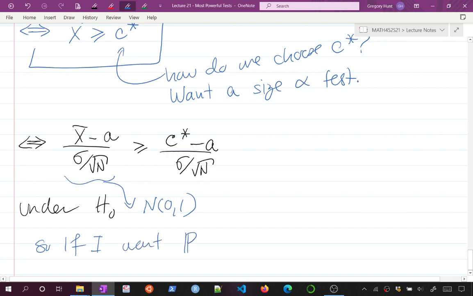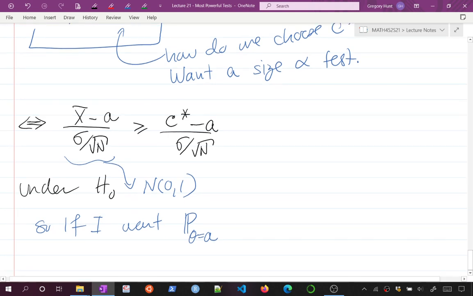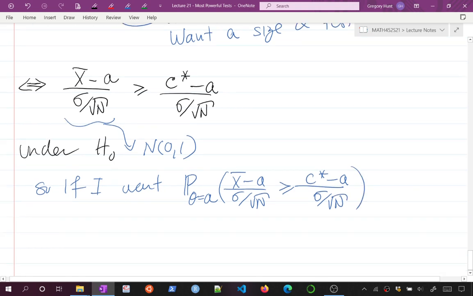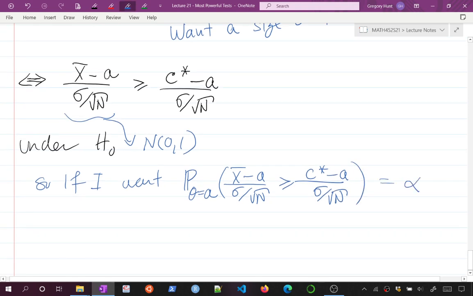And so if I want the size, the maximum probability under the null, there's only one option under the null, which is when theta is a. I want the probability that x bar minus a over sigma over root n is greater than or equal to c star minus a over sigma over root n to be equal to alpha. That is the size of my test.